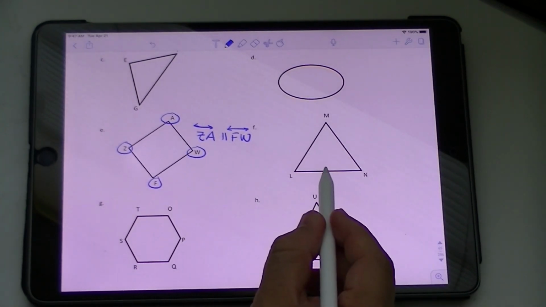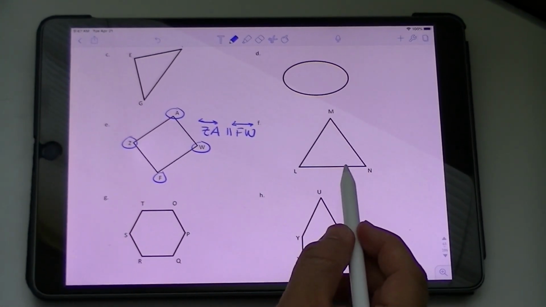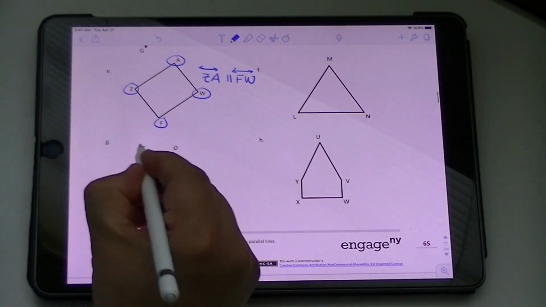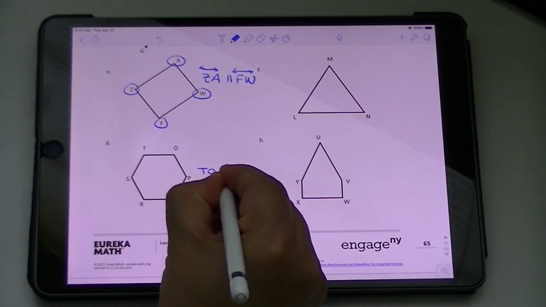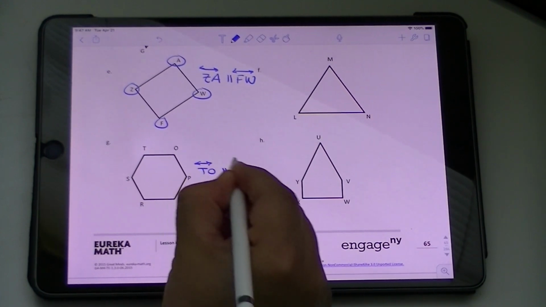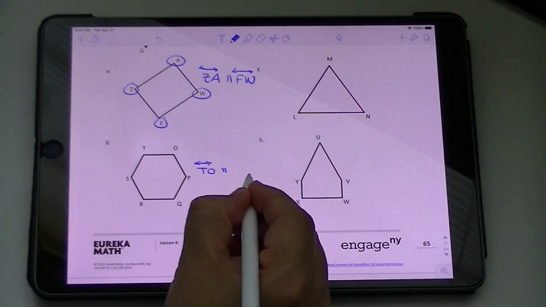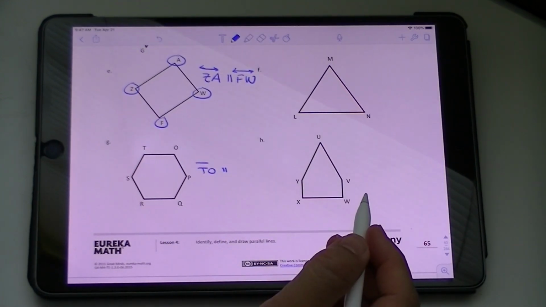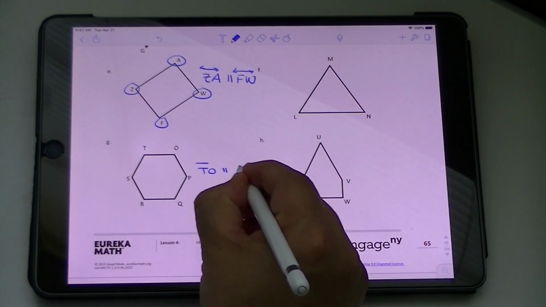No parallel lines for F, and for G you have TO, you could even do it like that, and RQ.